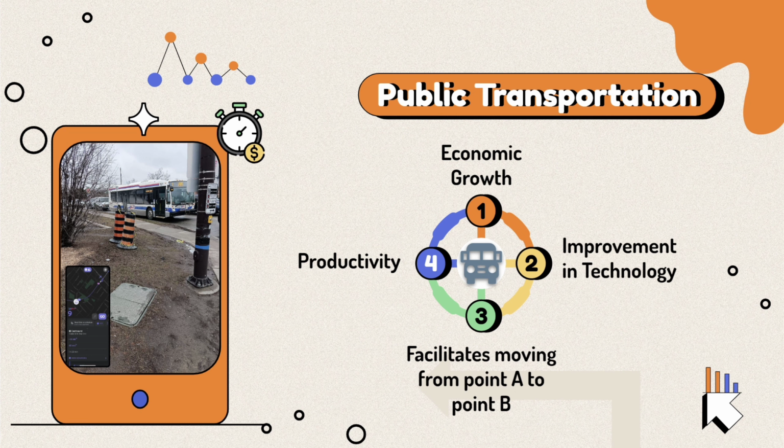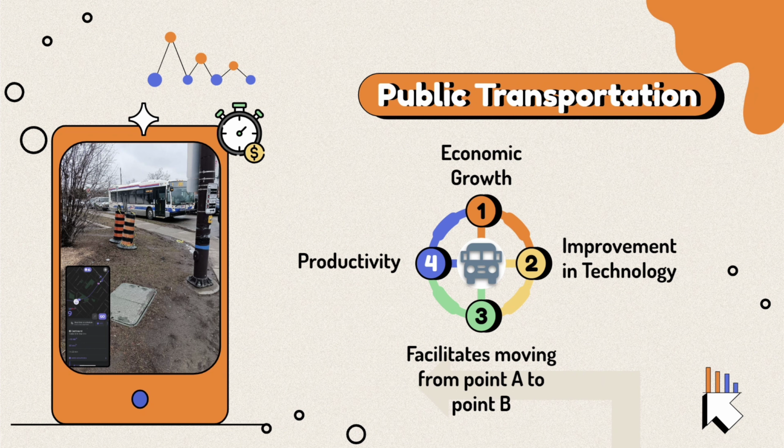Now then, you might be wondering, how does public transportation aid in economic growth? Well, with today's modern technology, residents have access to applications which can inform them of the amount of time needed for the buses to arrive at whichever station they deem fit. With accurate bus timings for each bus stop, it allows students to get to their classes on time and laborers to get to their work on time.